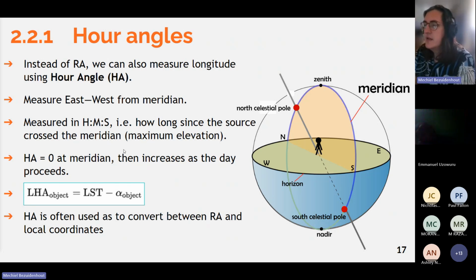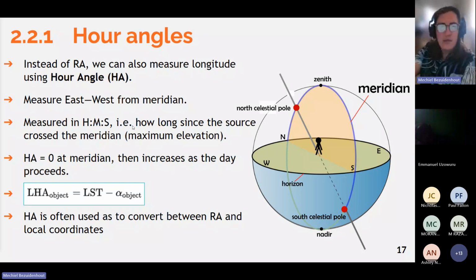And basically, you can think about the hour angle, also measured in hours, minutes, and seconds, as the amount of time since the source has crossed the meridian, which is the same as the maximum elevation of the source. So if you remember back to those plots that I showed of the elevation of a source as a function of time, they all go up and then they go down in a curve.